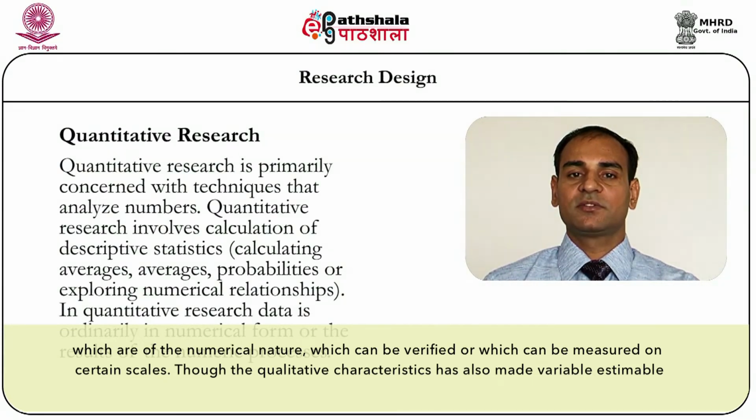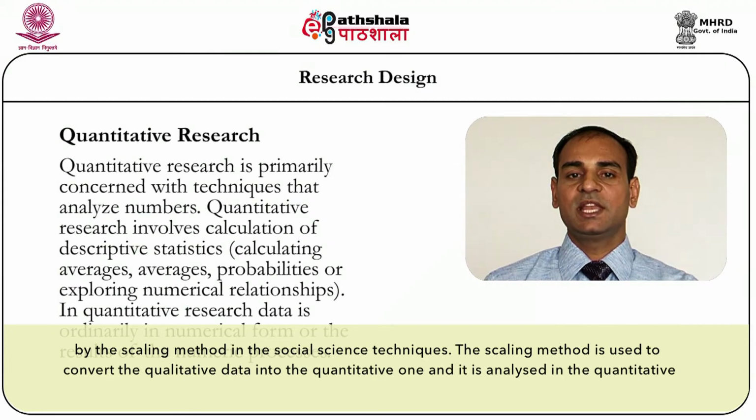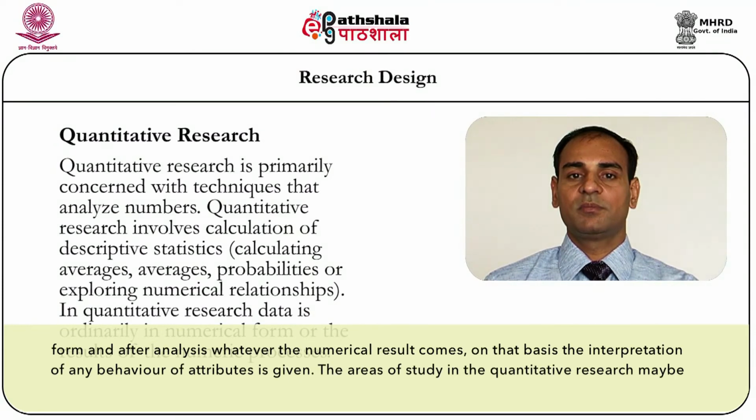Though the qualitative characteristics have also been made variable and estimable by the scaling method in the social science techniques. The scaling method is used to convert the qualitative data into the quantitative one, and it is analyzed in the quantitative form, and after analysis whatever the numerical result comes, on that basis the interpretation of any behavior or attributes is given.